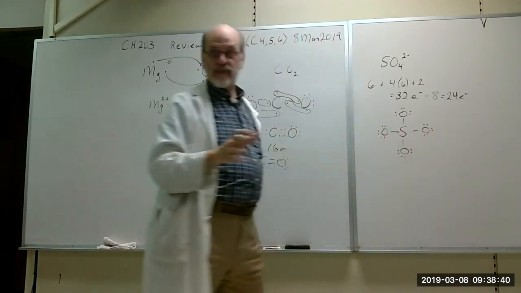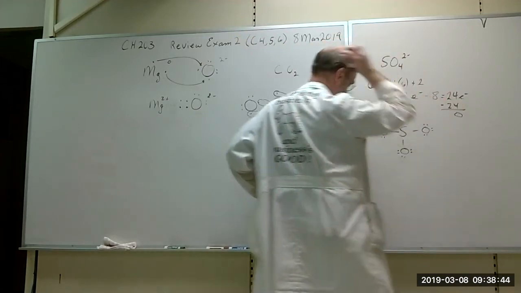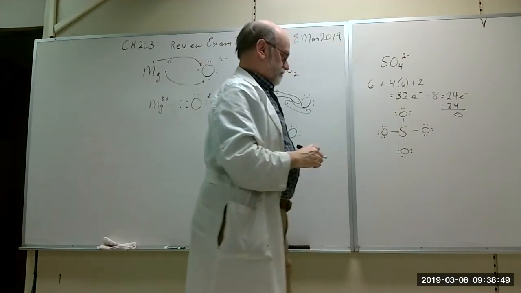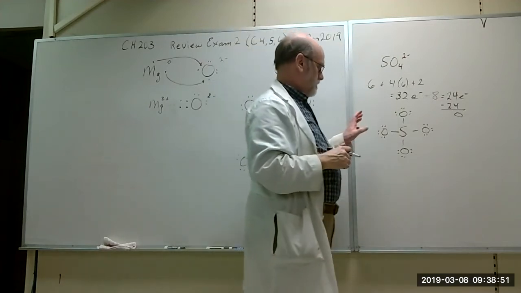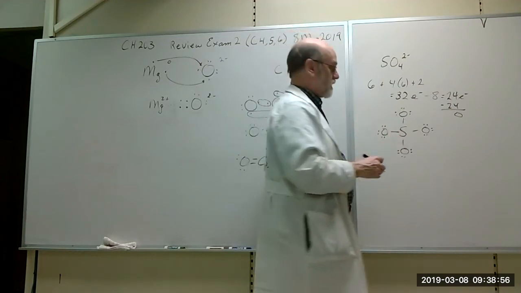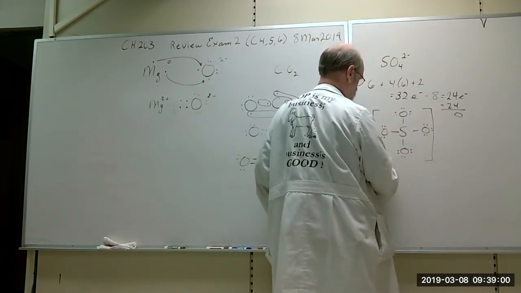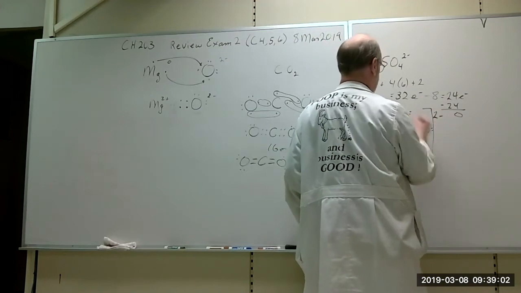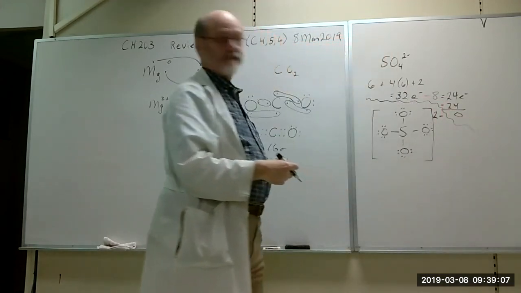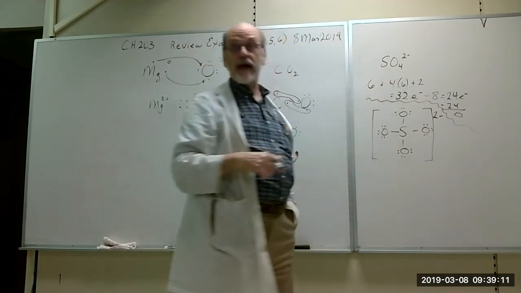So we've used them all up. But we also have to preserve the charge. So for this entire molecule, we have 2 minus charge. That's the Lewis dot structure for the sulfate polyatomic ion.